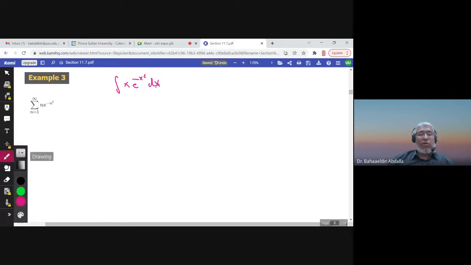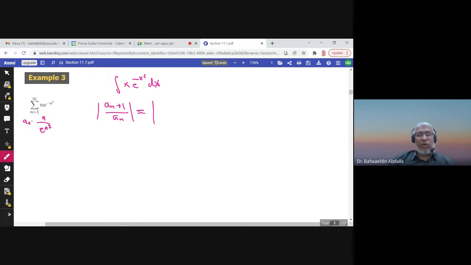And also, we solved this using the ratio test. So if you take a_{n+1} over a_n, I will write this as n over e to the power n square.